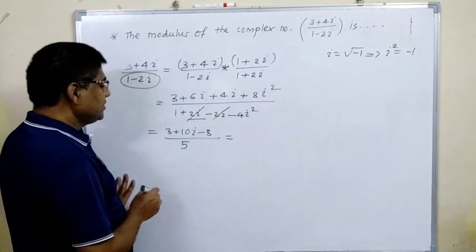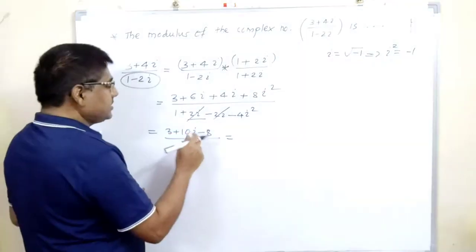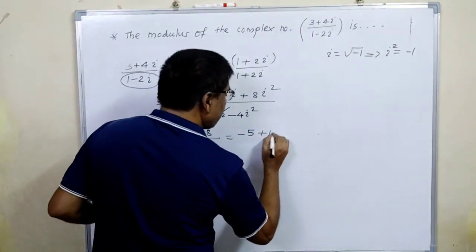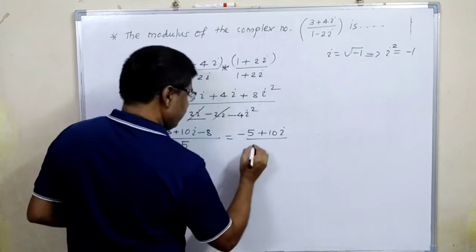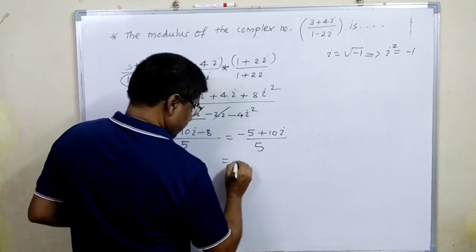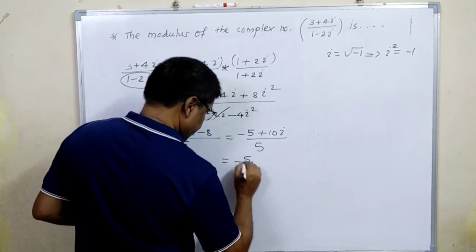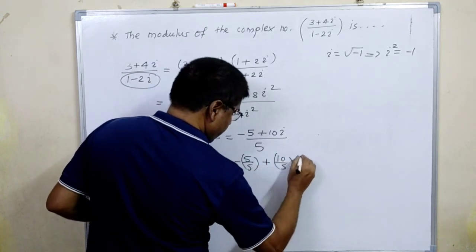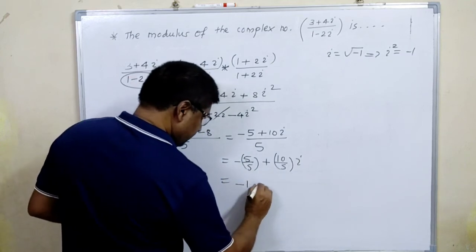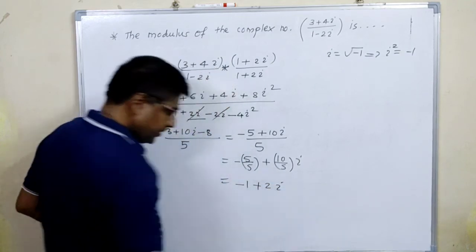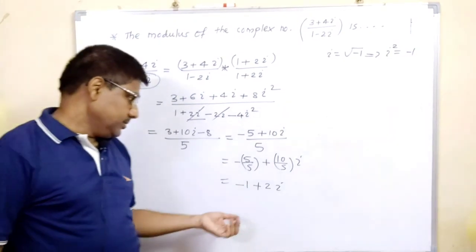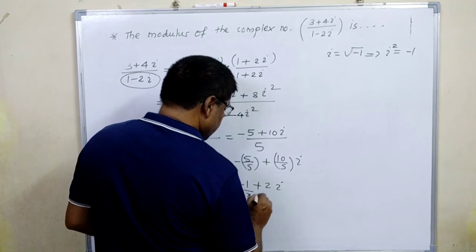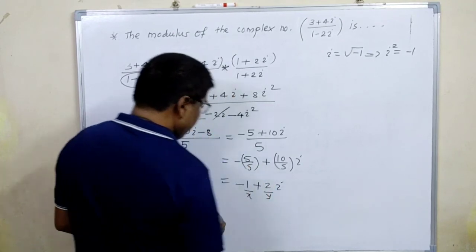Therefore this will be 3 minus 8, which is minus 5, plus 10i, upon 5, that is minus 5 by 5 plus 10 by 5 i, which is minus 1 plus 2i. Here we can write the real and imaginary parts. This is the real part x, this is the imaginary part y.